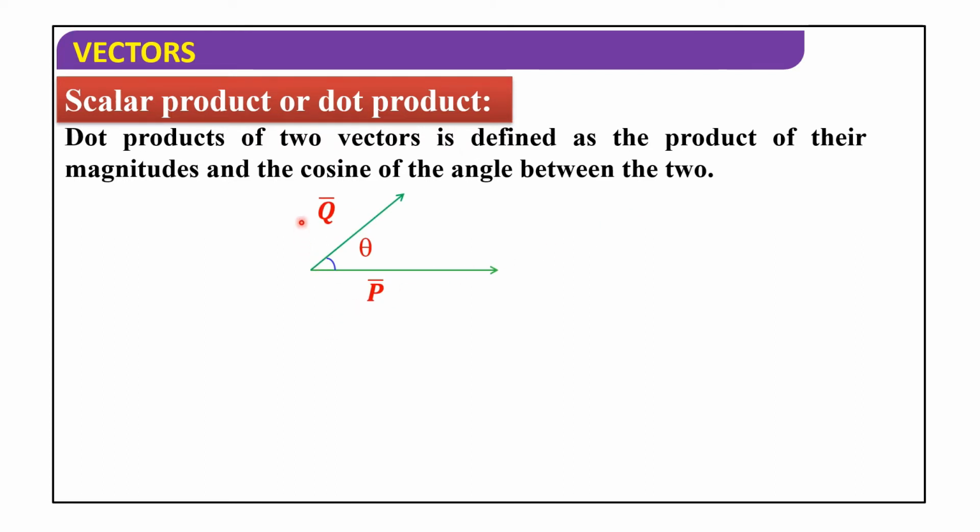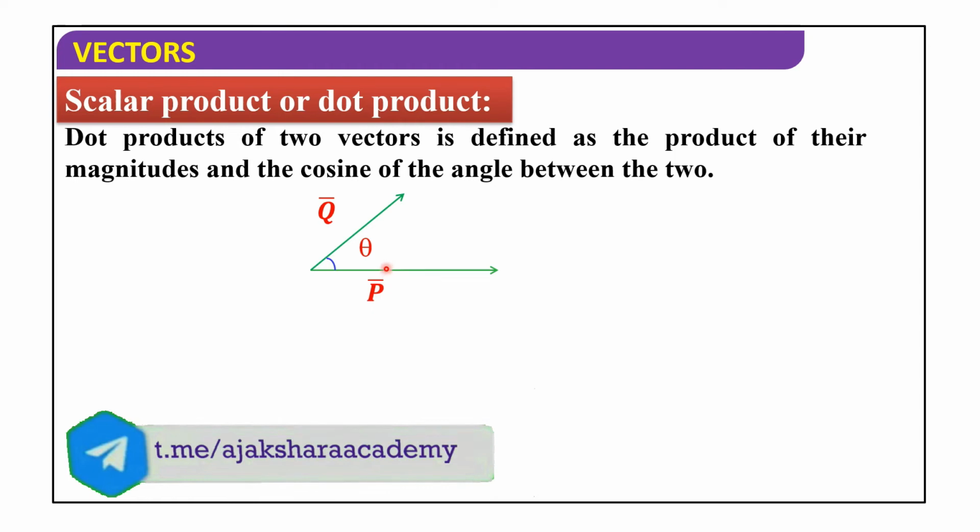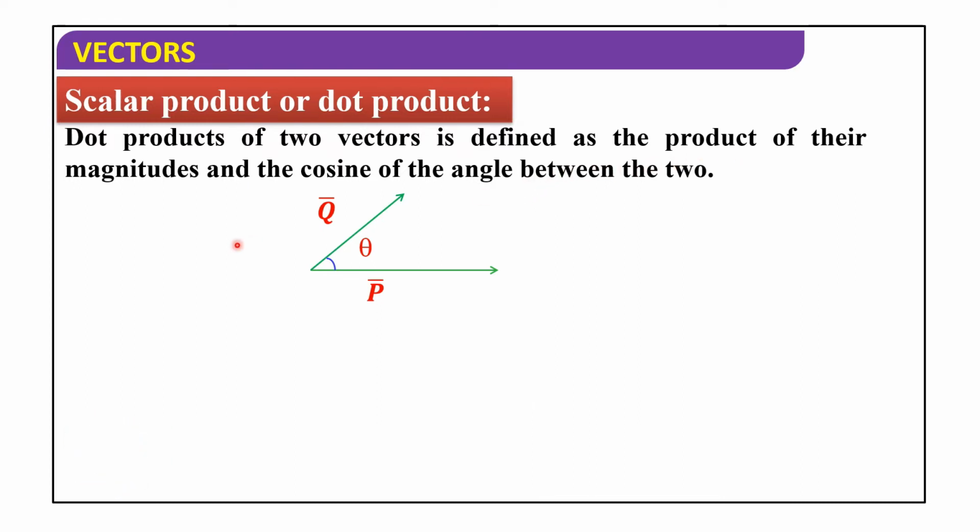These are the two vectors, one is p bar and the other is q bar, making the angle theta.